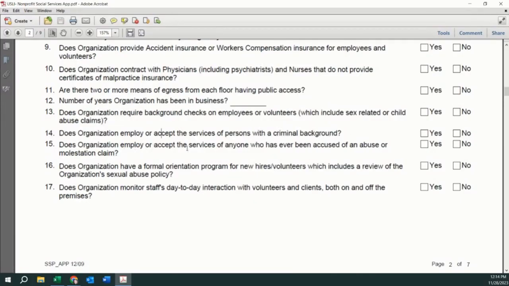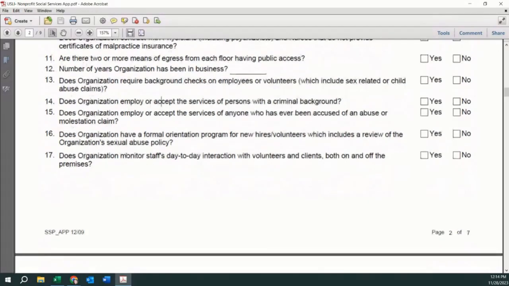Does the organization employ or accept the services of anyone who's ever been accused of an abuse or molestation claim? I would be thinking, if I were the underwriter on this, that these are high-risk situations. And does the organization have a formal orientation program for new hires, volunteers, which includes a review of the organization's sexual abuse policy? So remember, this is asking for new hires and volunteers.